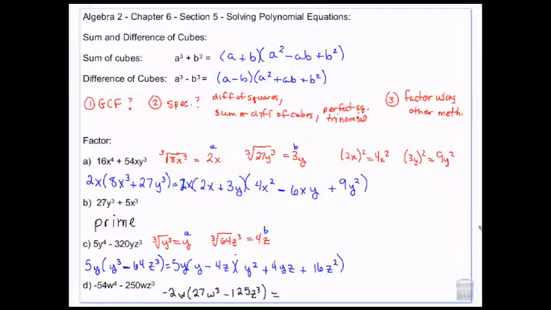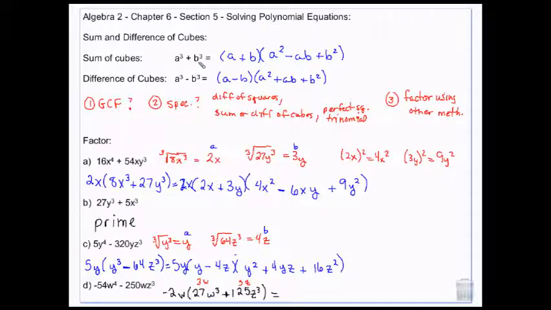Okay, now the cube root of 27 is 3. So this is going to be 3w as my cube root. And the cube root of 125 is 5. So 5 times 5 is 25 times 5 is 125. So it'll be 5z. So this is A, and this is B. And that's a plus because I took out the negative.